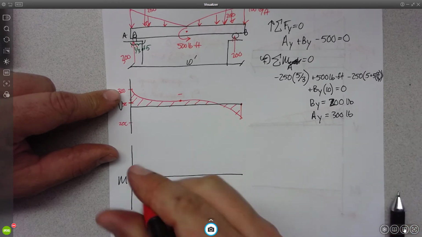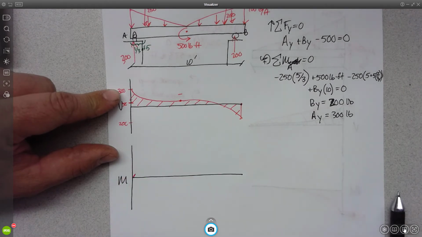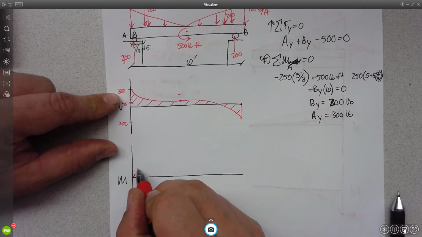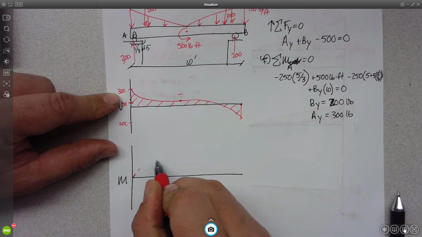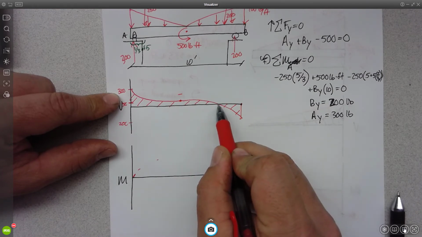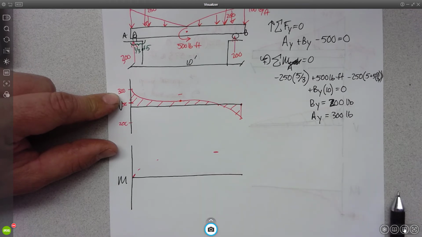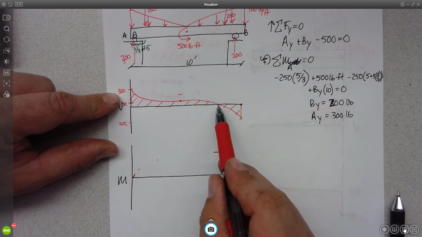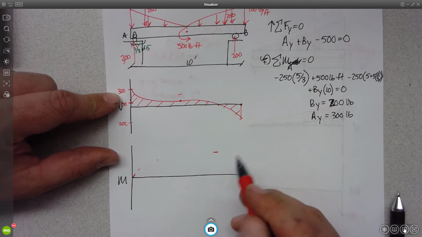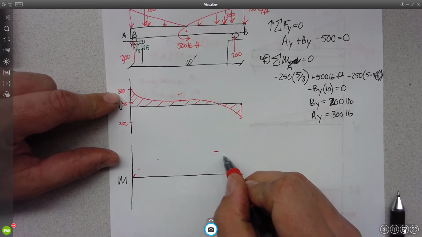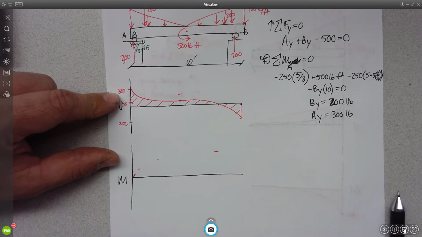Okay, so we know I start big time positive. And then what happens? Do I get more positive or less positive? Less positive, right? So I'm going to get less and less positive. What is it over here? 0. So I know I'm going to hit a flat spot right there. Okay? Then what happens after that flat spot? Negative and increasingly negative. Okay?